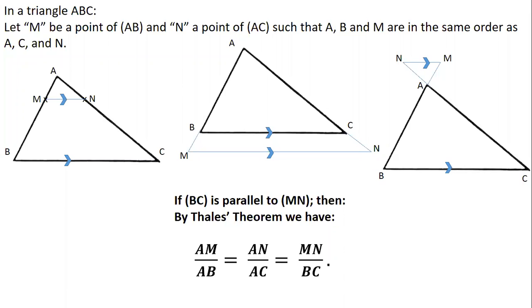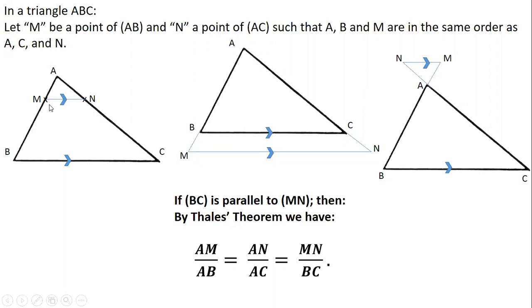Either I will give you the figure drawn, finished, or by the given you will know how to take M and N. Of course, you will not guess this alone. You will be given something that tells you the position of both points M and N. Are M and N between AB and AC, or downwards, or upwards?